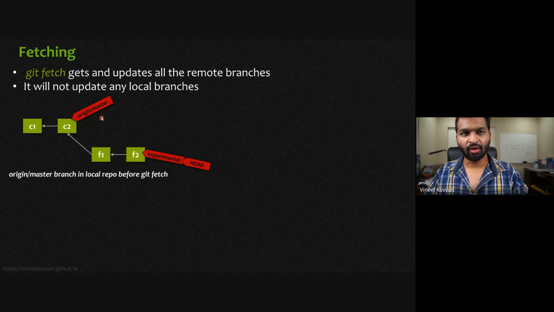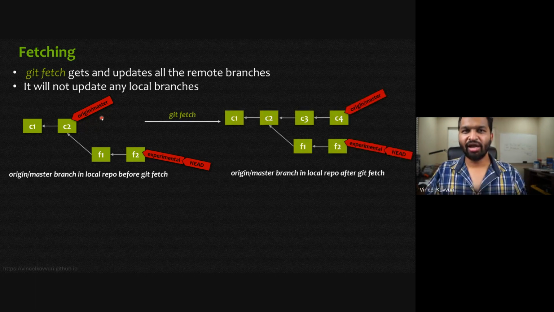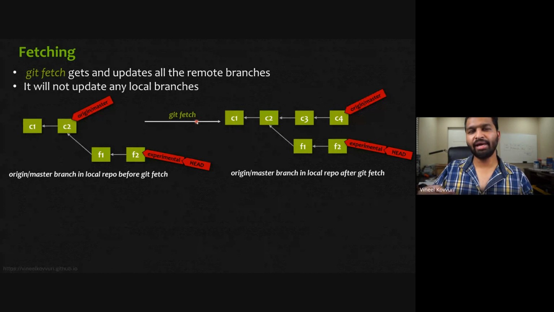Now when I do git fetch, it's sort of clone but not clone. Clone is basically downloading the entire source code, but fetch is more of incremental updates. So when I do that, observe carefully the left picture versus the right picture. What is happening here is, git got the updated commits C3 and C4 from GitHub.